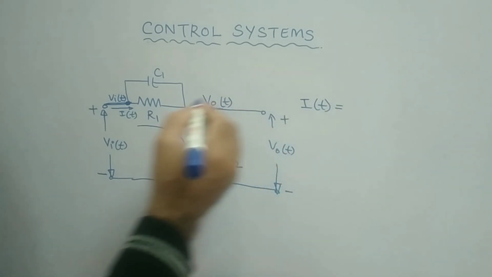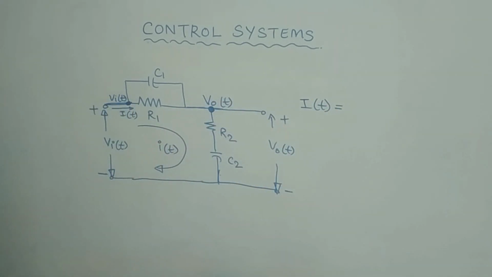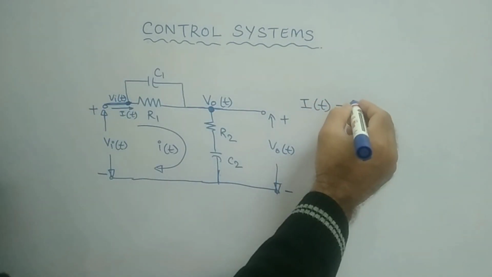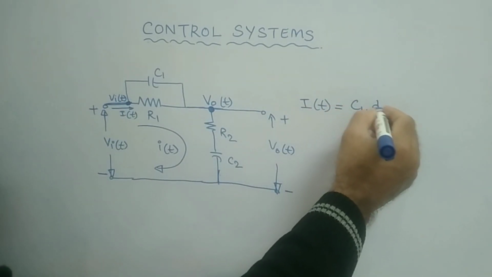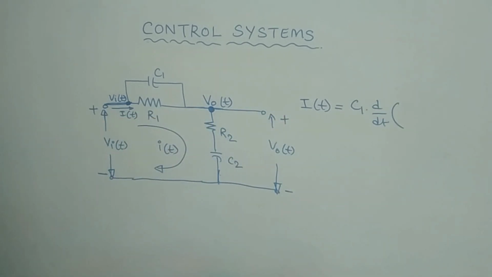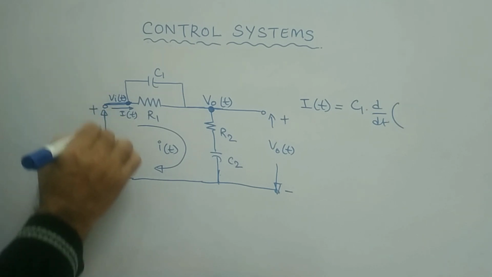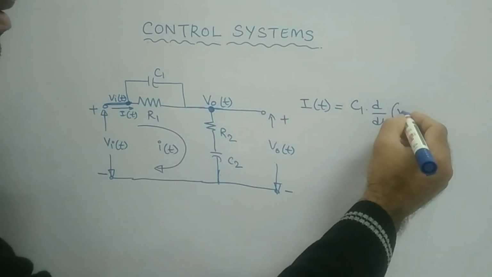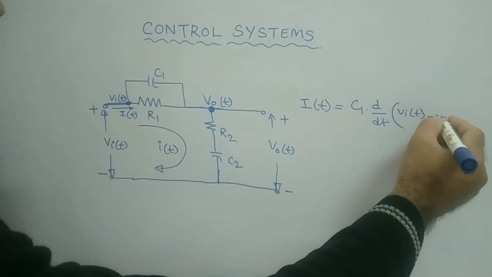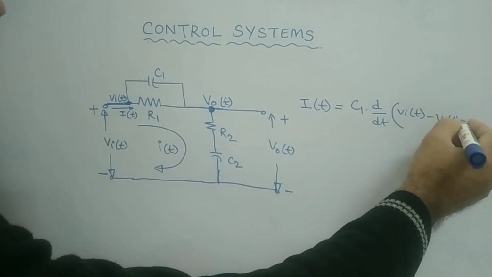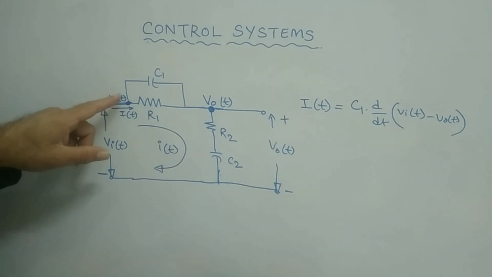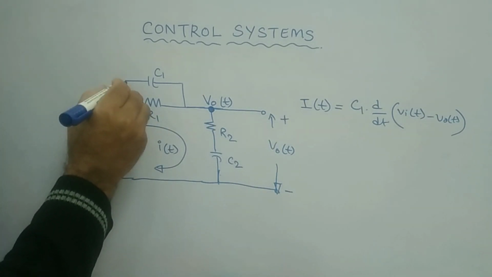I of t can be written as how? Tell me. C1 into d by dt of Vi of t minus V naught of t, right?